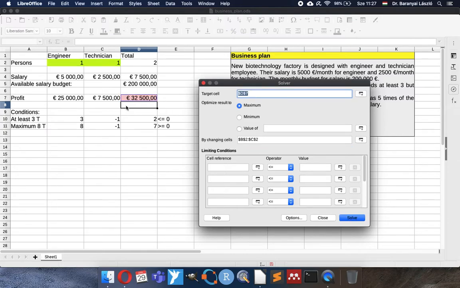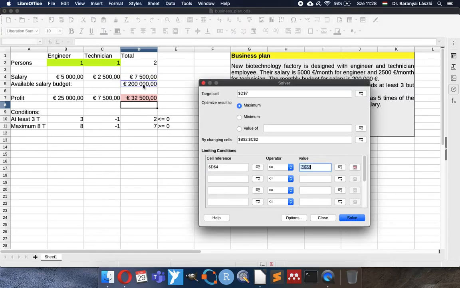The target cell must always be a formula, one equation result. We want to adjust it to the maximum value. We want the best profit. And by changing cells, we can modify the number of engineers and technicians. We have some limiting conditions, of course. You can see that we have some salary we pay.